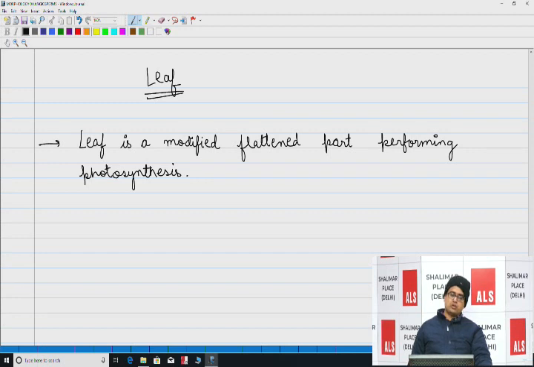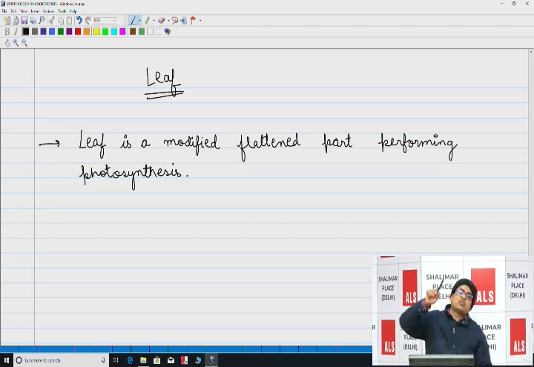Now leaf can be of two types. It can be simple, it can be compound. And also there is a distinction between the types of leaves on the basis of venation. Venation, do you understand?